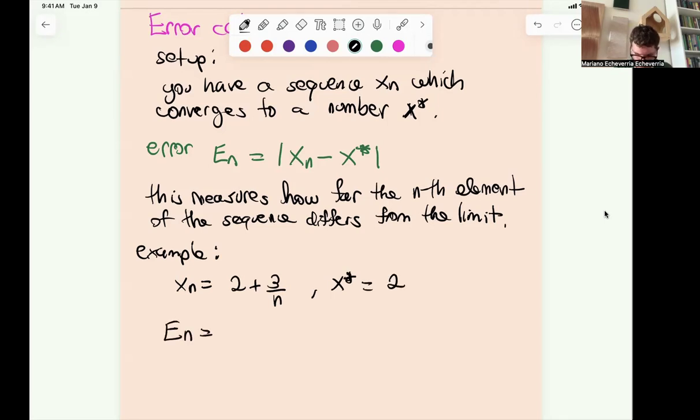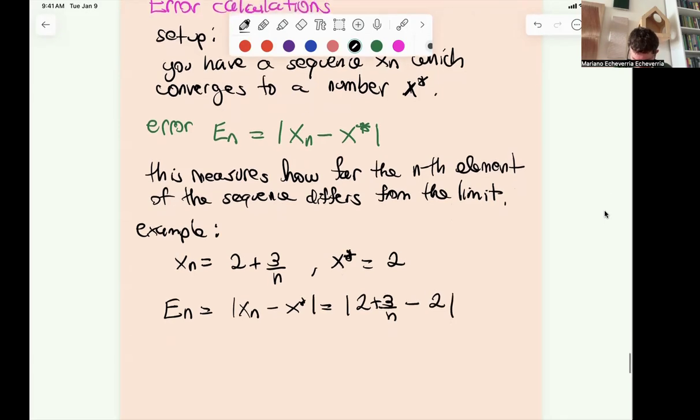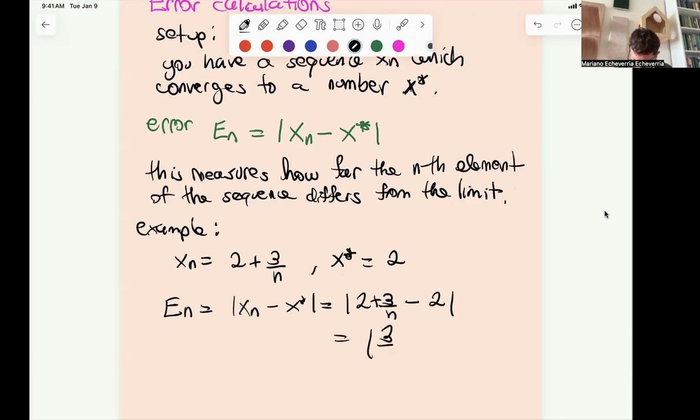So the error at step n would be xn minus x star, which in this case is 2 plus 3 over n minus 2. And this would be 3 divided by n, which is just 3 over n, right? So that would measure how much the nth term differs from the limit.